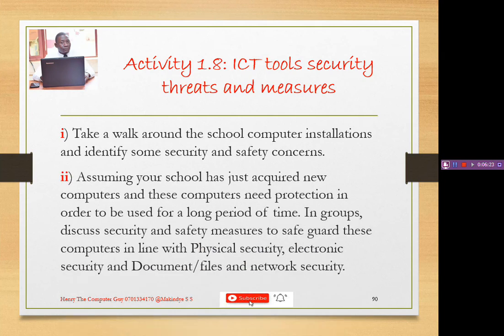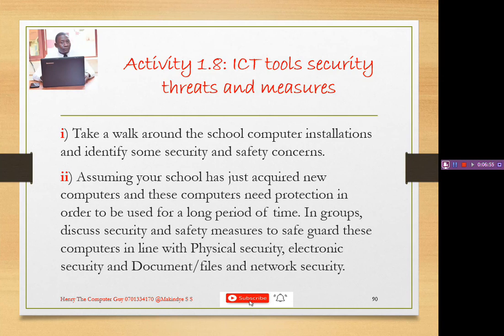Then, number 2, they're telling us that assuming your school has just acquired new computers and these computers need protection in order to be used for a long period of time. And in groups, we are going to discuss security and safety measures to safeguard these computers in line with physical, electronic, document, and network security.